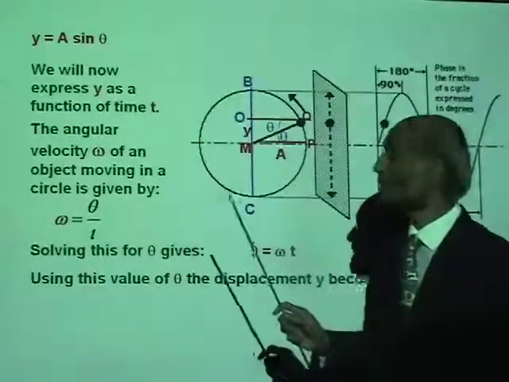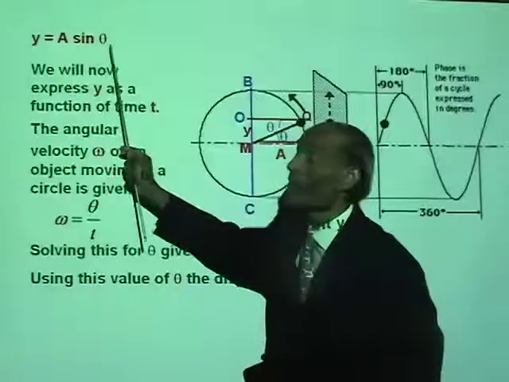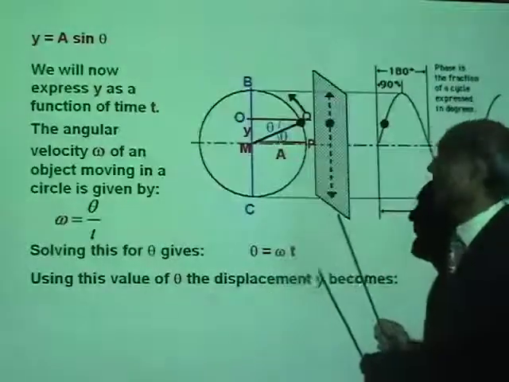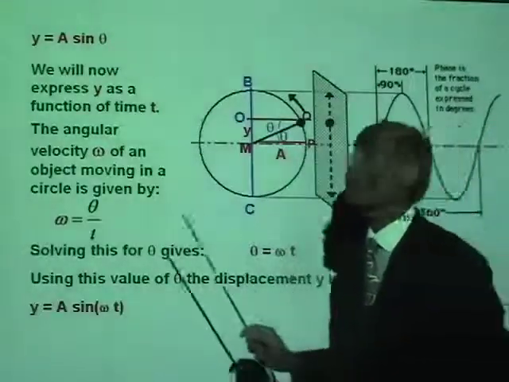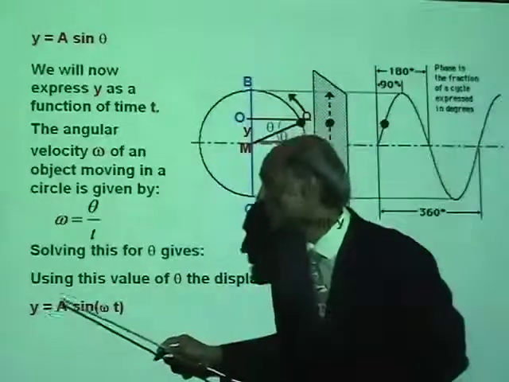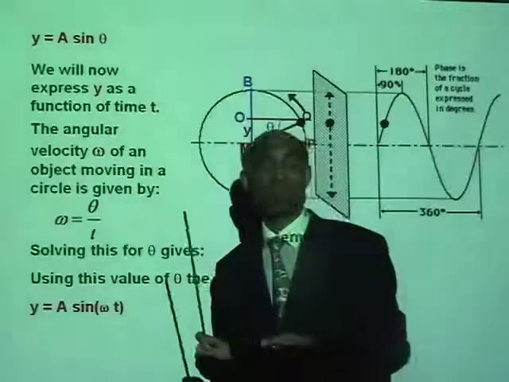Well, all we need to do is, in the equation for y, replace theta by this quantity. And what is the equation for the displacement y? We have y equal to a sine omega t. Now look at this.